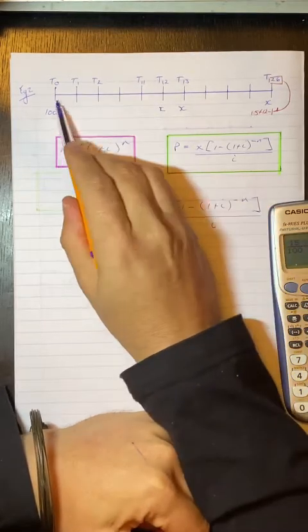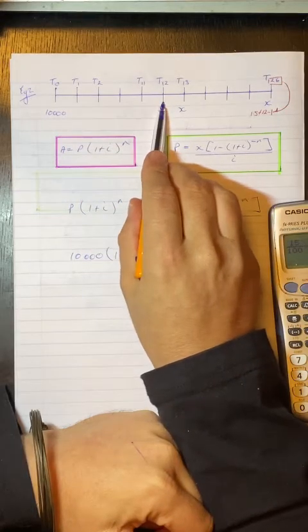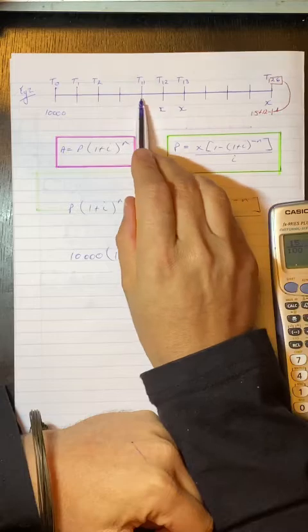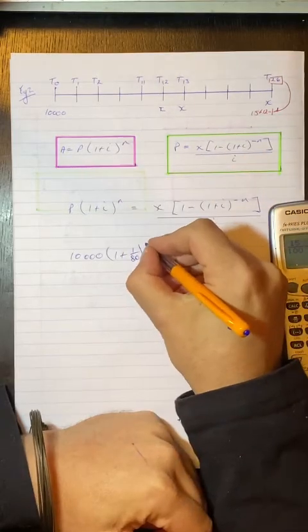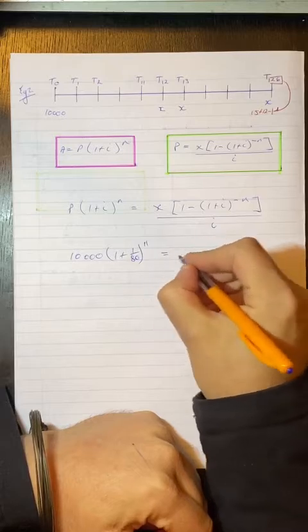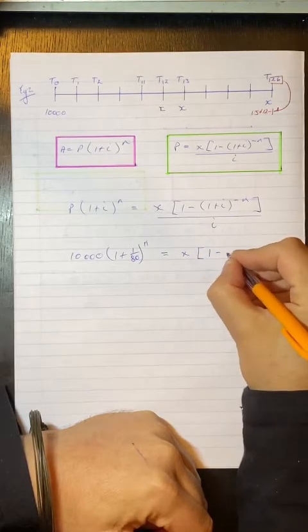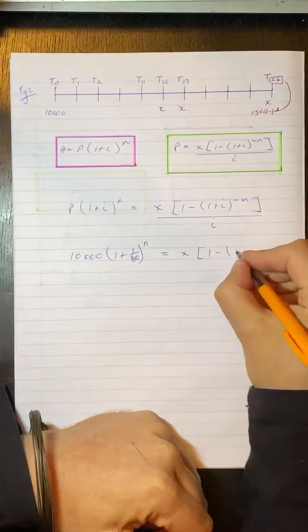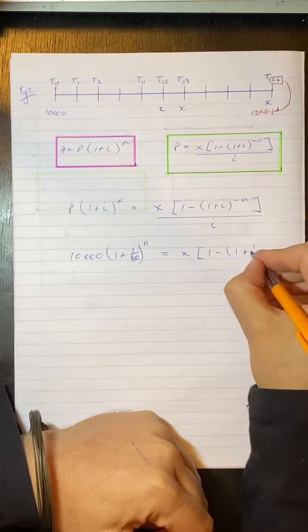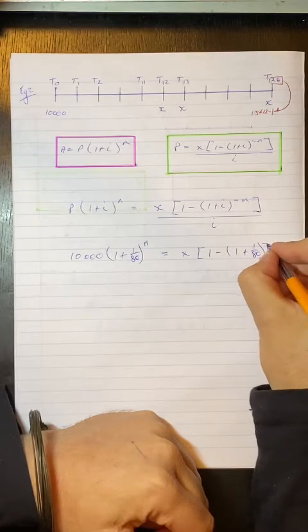She has missed all of this, and then she starts paying after the first year. So it's going to be 11 payments that she's missed. Equals the X we don't know. We're going to figure that out. Our interest rate is still this 1 over 80. Okay, to the power of minus.